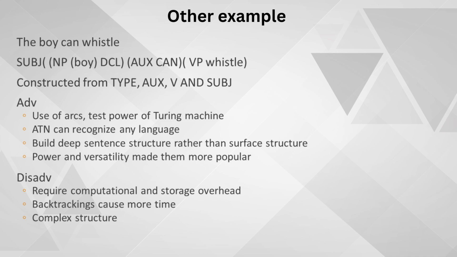Why? Because the registers need to be manipulated. If the values are not correct, we backtrack, then registers are erased, and a new set of registers are set to different values. Whenever we want an output, a build command has to read the values from the registers and then construct a particular structure. So, the disadvantage is overhead is required, backtracking will take more time, and overall processing is a little bit complex.